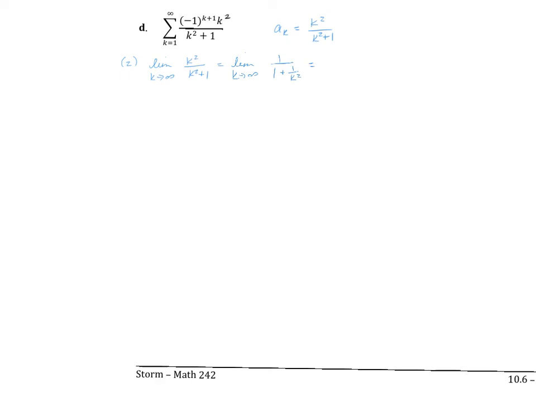And that limit as k goes to infinity is just 1. So if I look at this whole alternating series, and I don't even consider its absolute value, it diverges by our divergence test.